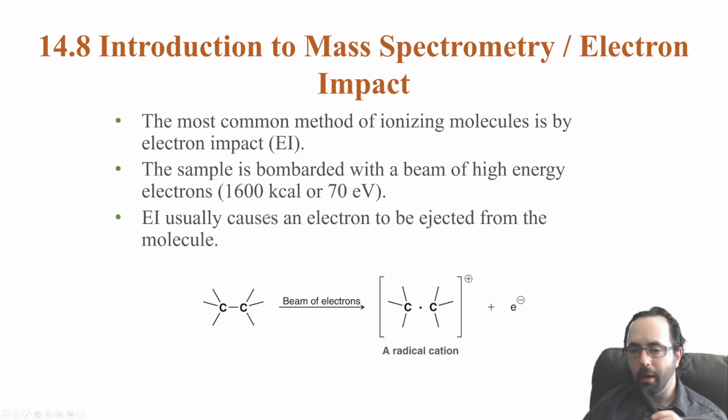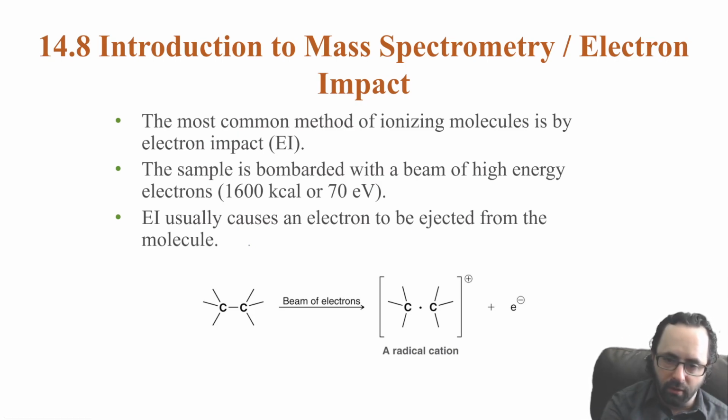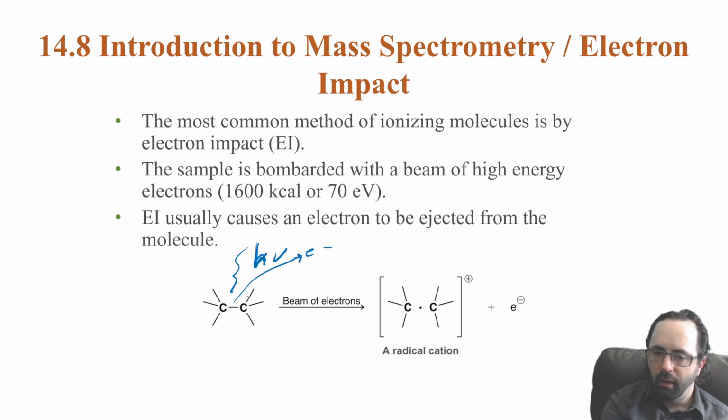This energy being about 1600 kcals per mole, and you break these. Electron impact will usually cause an electron to be ejected from the molecule. So essentially, we shoot this molecule with light, and then we end up with a molecule where an electron shoots off, and we end up with one electron between here, and then this electron can go on either of these atoms.